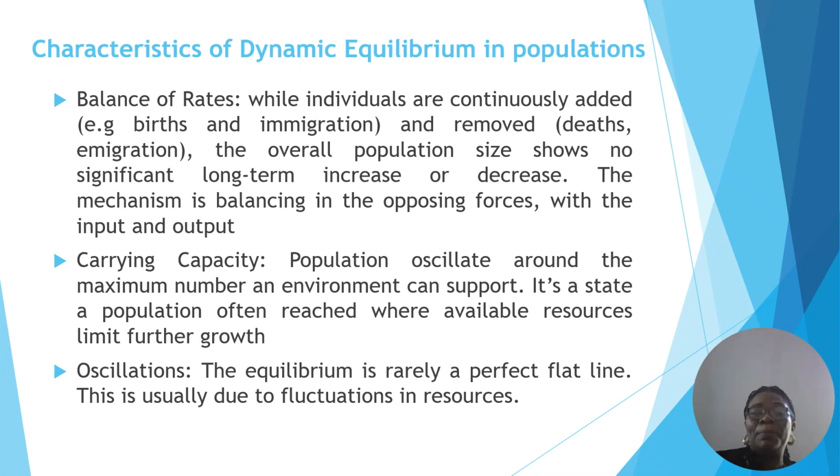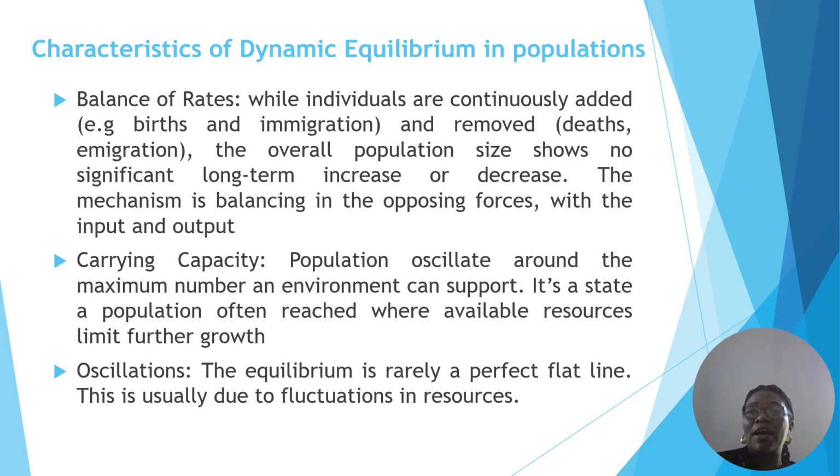Let's look at certain characteristics that can make one say that we have a dynamic equilibrium in a population. The first one I considered here is a balance of rates. When we talk about balance of rates, individuals are continuously being added to the population, maybe through births or through immigration.